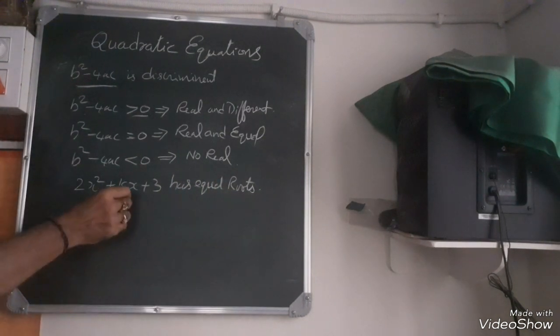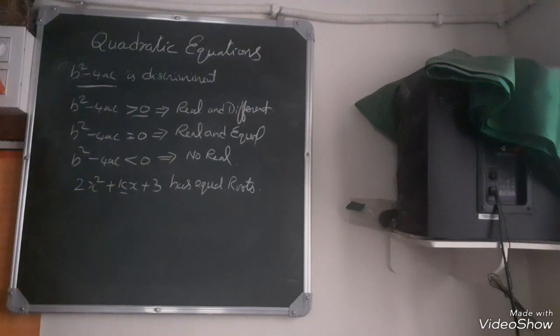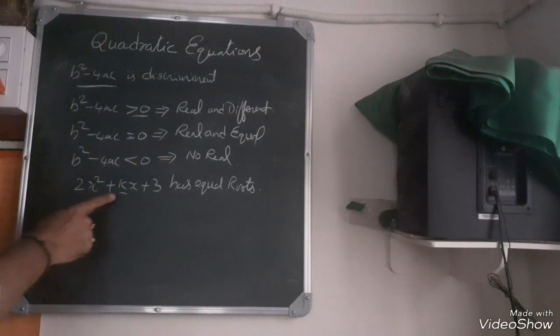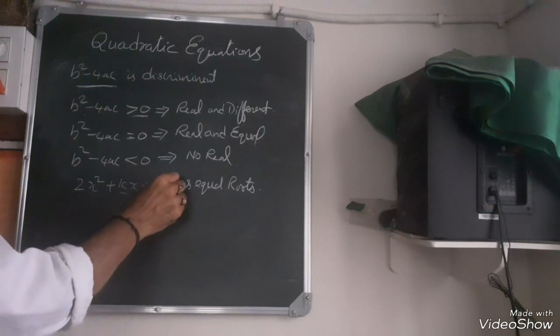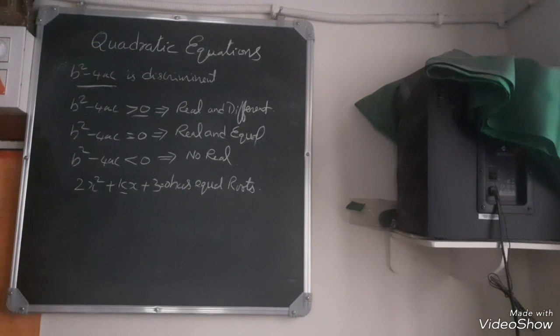Find the value of k. That is the question here. 2x square plus kx plus 3 equal to 0 has equal roots. Find the value of k.